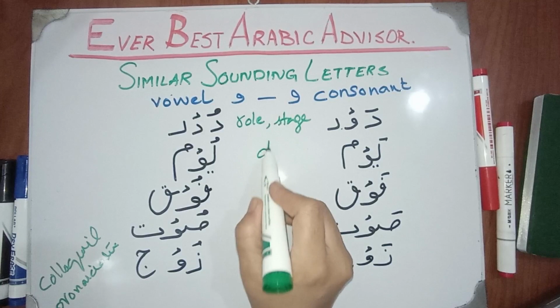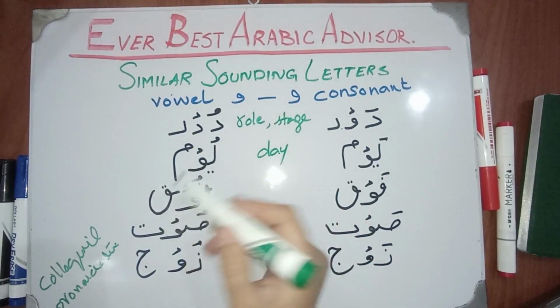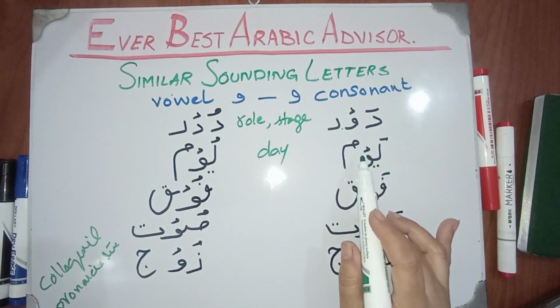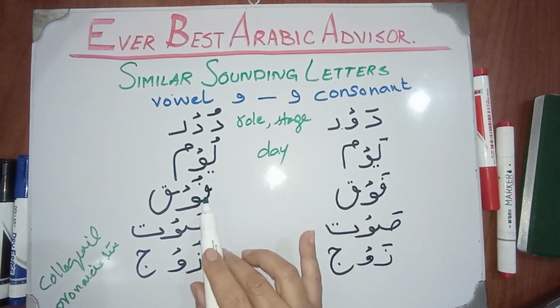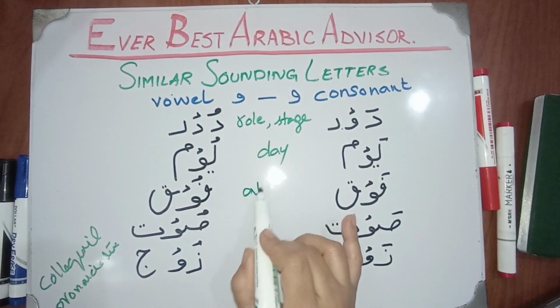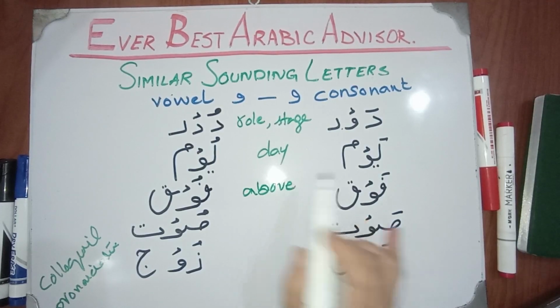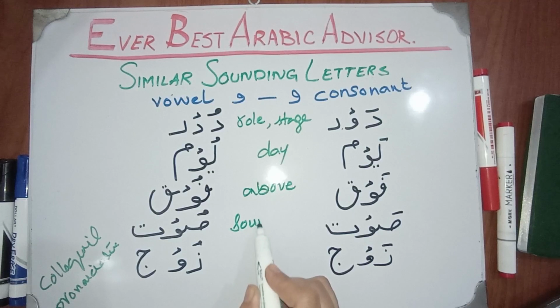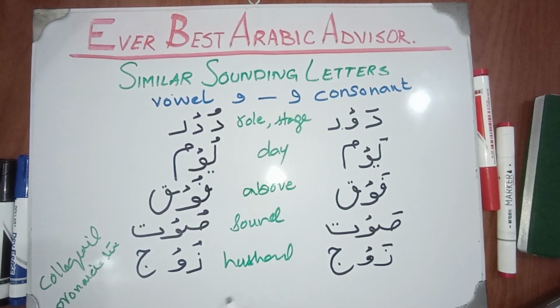It's for day. In everyday life they say yum. Fauk, fuk. Above. Saut, soot. Sound. Zauj, zuj. Husband or the spouse.